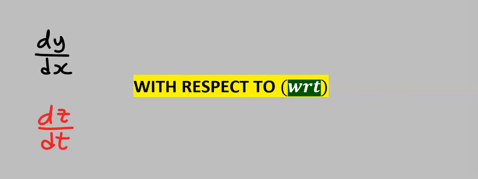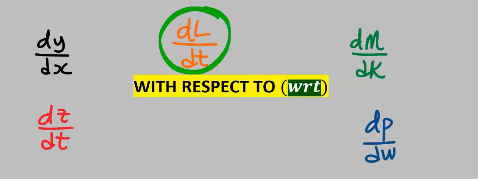Next, with respect to. In calculus, we differentiate a function with respect to one or more variables in that function. For example, I might decide to differentiate the life cycle of a virus with respect to time. Generally, we use dy dx.